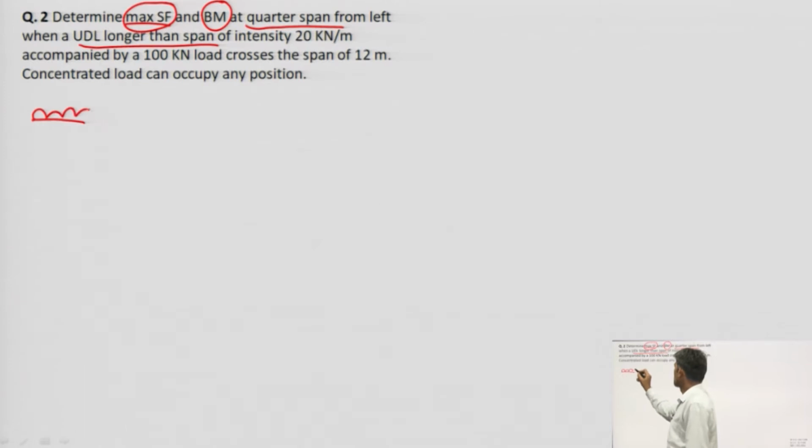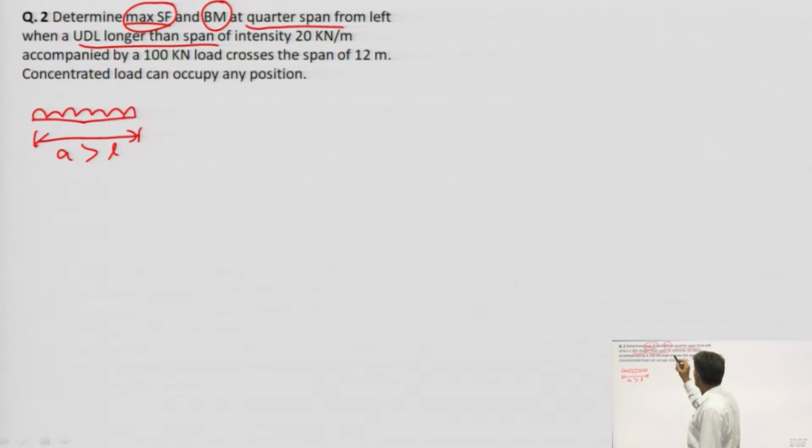UDL, and its length is, suppose, a, that is more than L. Intensity w is equal to 20 kilonewton per meter, accompanied by another load, a point load of 100 kilonewton, crosses the span.